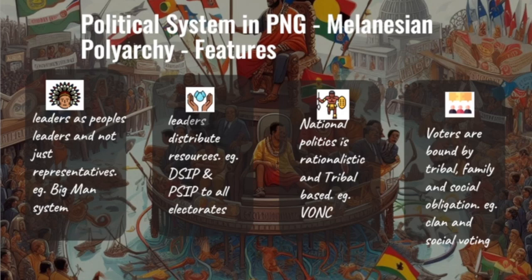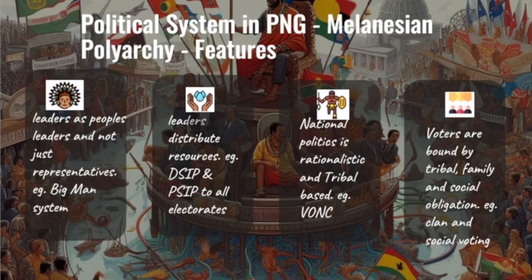In Papua New Guinea's case, Papua New Guinea has a unique political landscape. A nation home to 800 different tribes and languages, this highly tribal, divided society places significant emphasis on leaders who are not just representatives of their electorates, but also tribal leaders embodying the big man system.